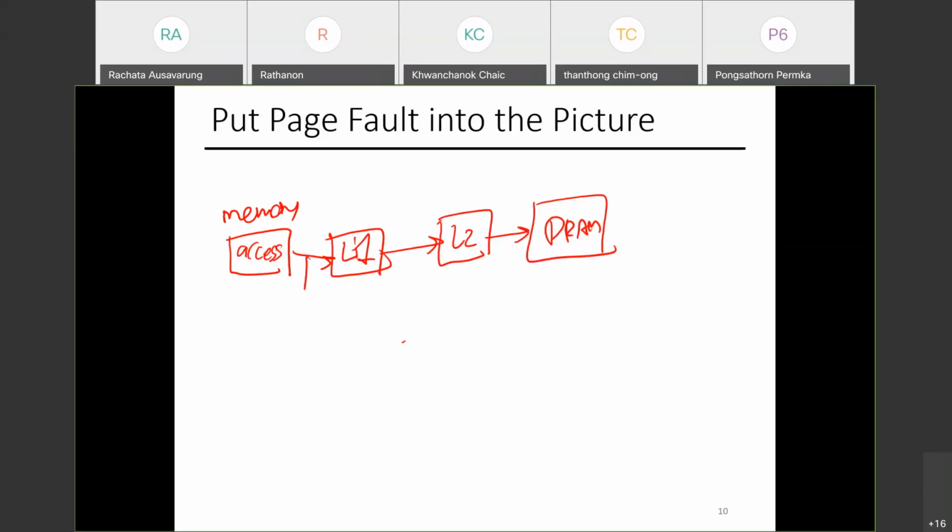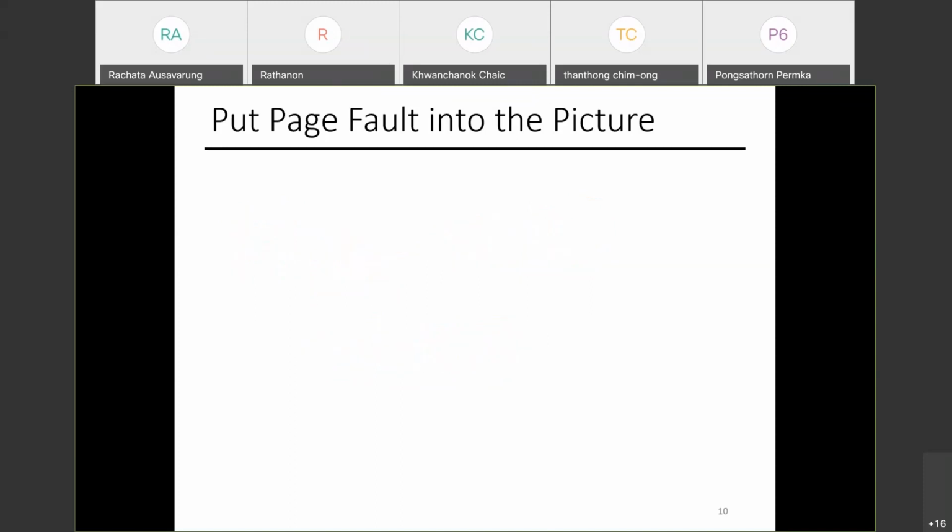And to do this, you also go to the TLB. And if it's missing in the TLB, you do a page walk. When you do a page walk, this is when you know that, hey, my page is not in DRAM. So you go to DRAM 2 times, right? Let's say it's a 2-level page table.